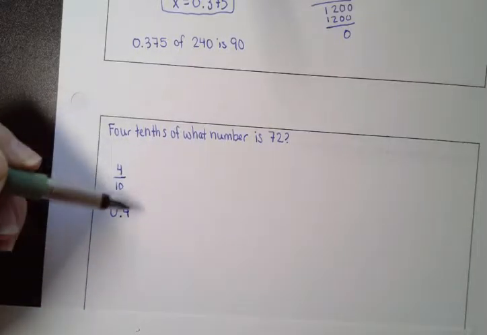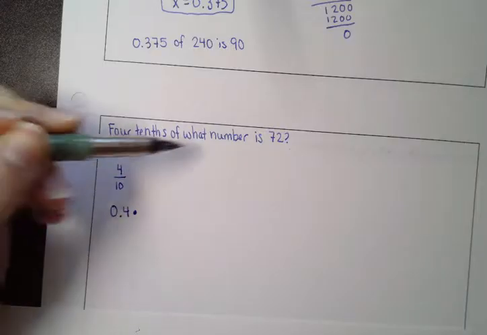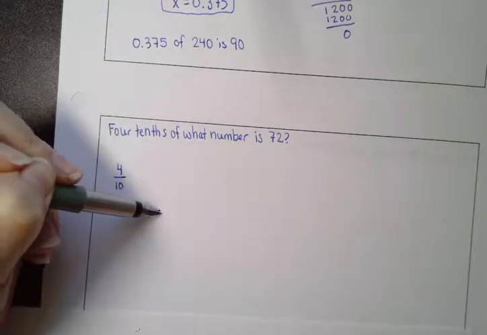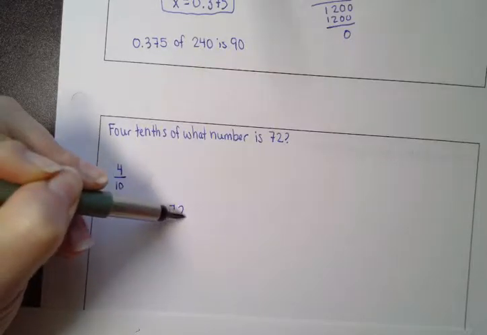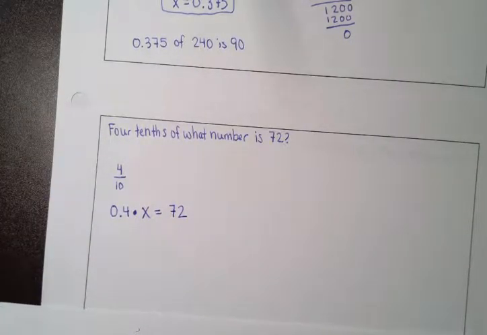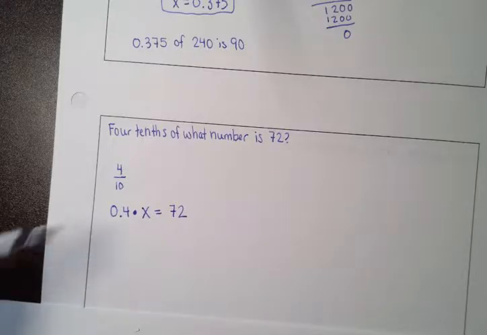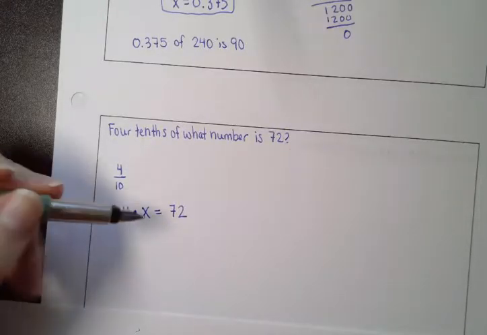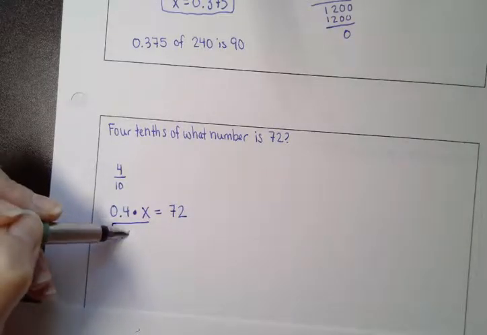Then of means times, so we multiply. What number means x, is means equal sign, and 72. Now, similar to the last example, I have to get the x by itself, and I can do that by undoing the multiplication, dividing both sides by 0.4.